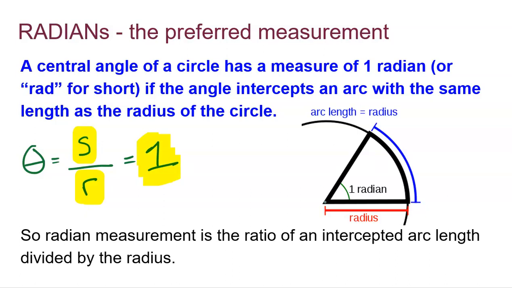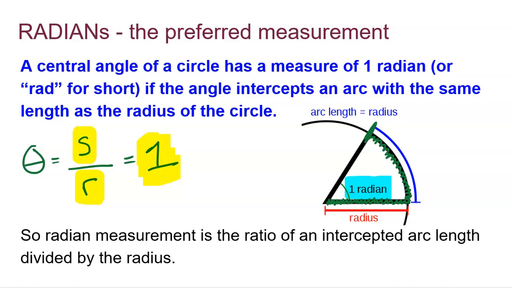So if I were to take a piece of string and lay it out across my radius, and then lift up that piece of string and lay it out across my circle, creating an arc, where that piece of string ends is where I have 1 radian. 1 radian is when the length of your radius equals the length of your arc.